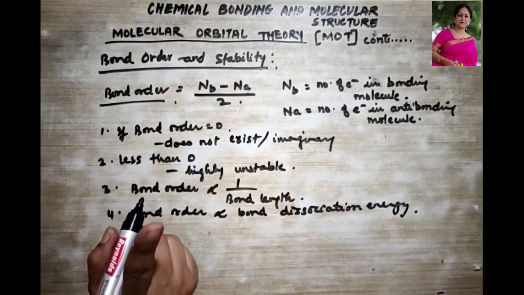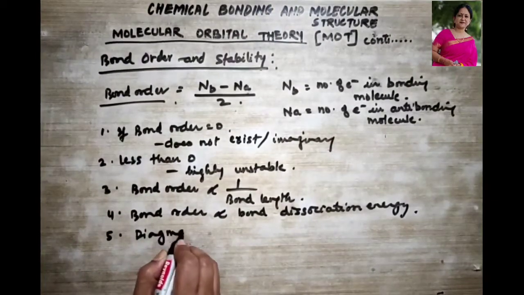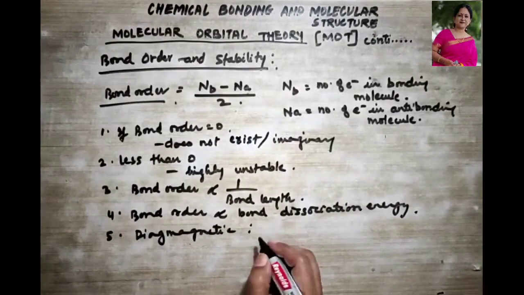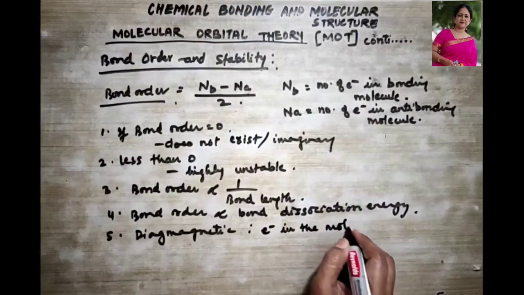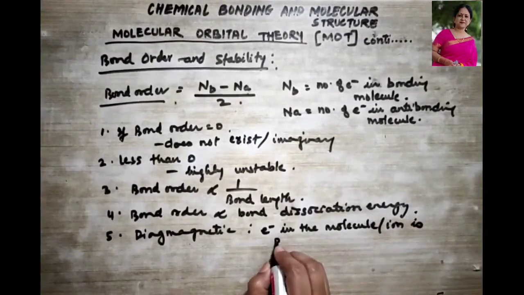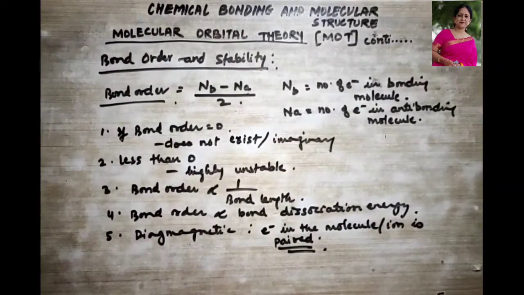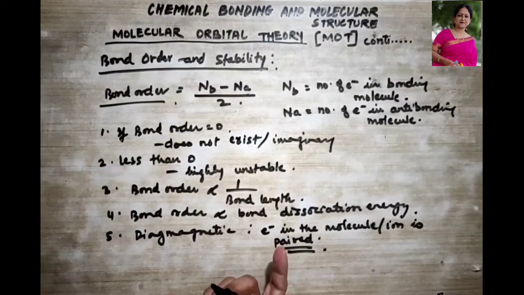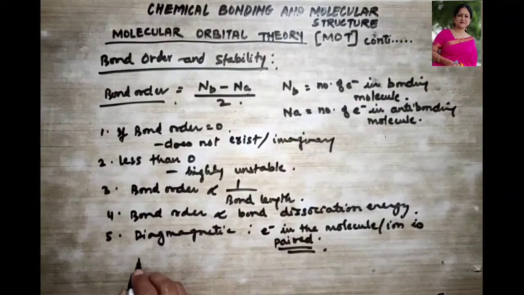And the most important point, if the electrons in the molecule or an ion are paired, then it is a diamagnetic species. So when is it a diamagnetic species? When the electrons in the molecule or ion are paired, then it is going to show diamagnetic behaviour. But if the electrons are unpaired in the molecule or ion, then what are they going to show you?